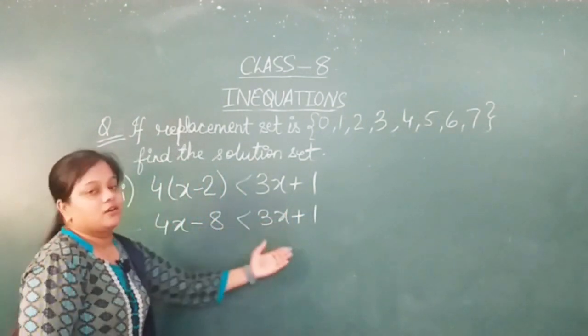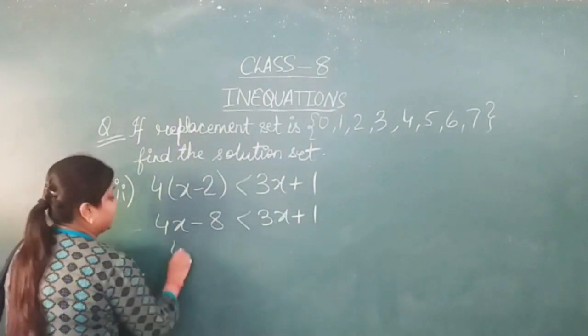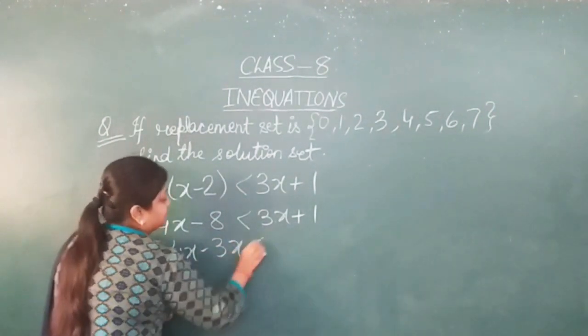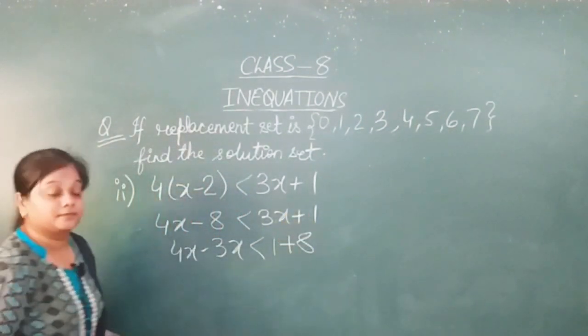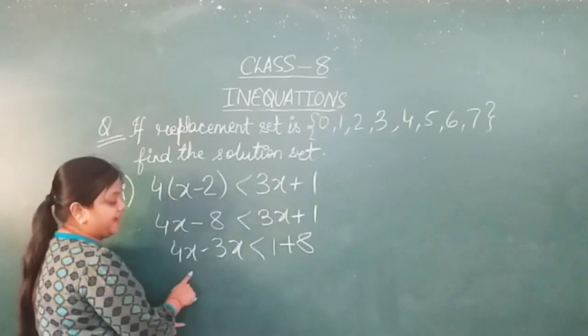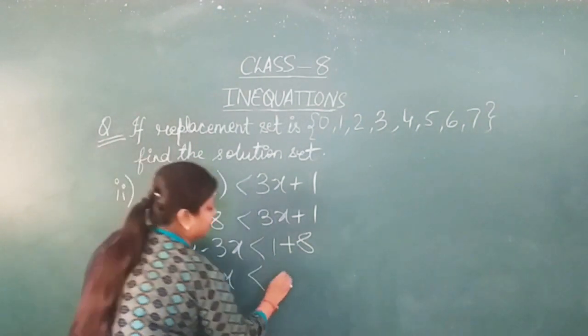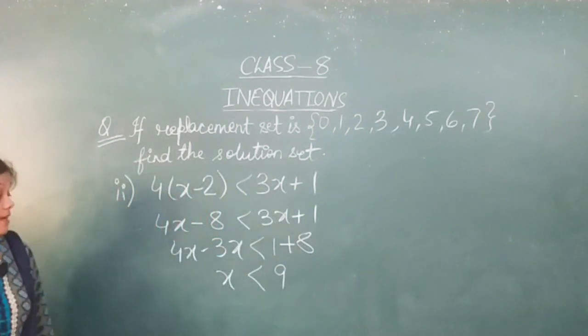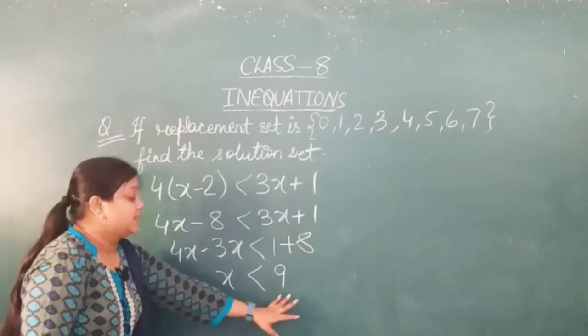Now, we will take all the x to one side and all the numbers to another side. So, 4x minus 3x is less than 1 plus 8. 4x minus 3x is x is less than 1 plus 8 is 9. So, we will get the solution x is less than 9.